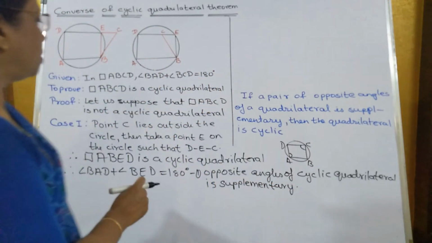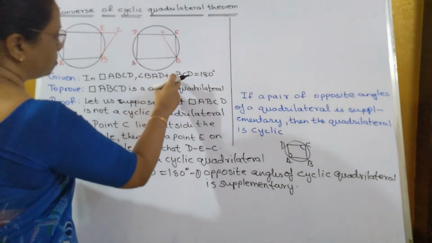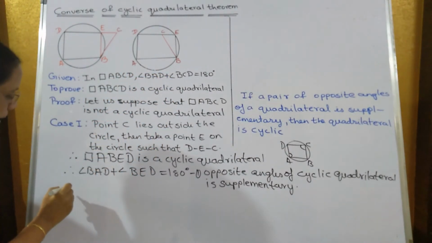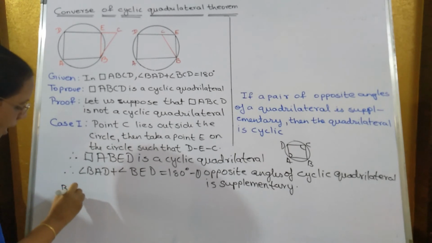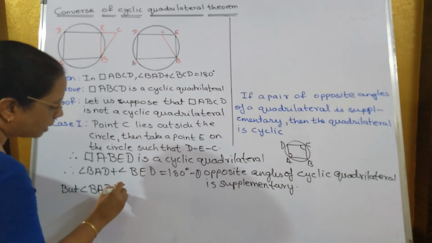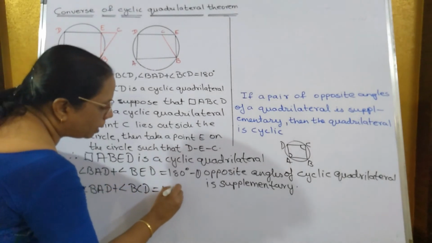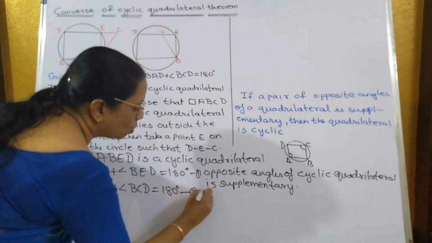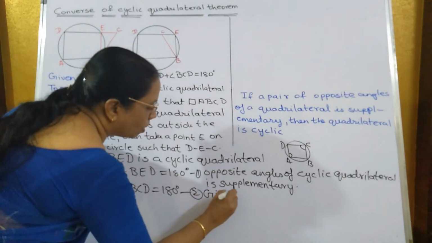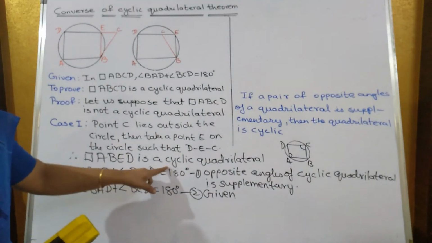But what is given over here? In the given statement it is given angle BAD plus angle BCD is equal to 180 degrees. Let this be 2, given. Now if you compare 1 and 2, the right hand side both are equal, 180 degrees, 180 degrees.